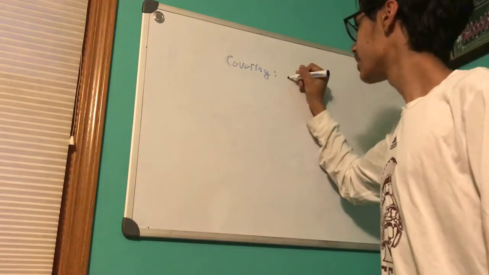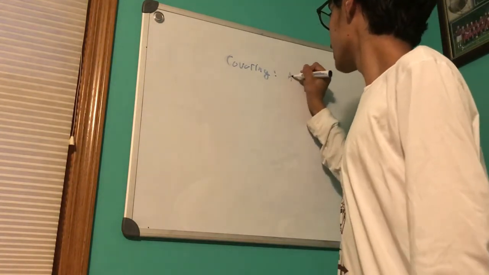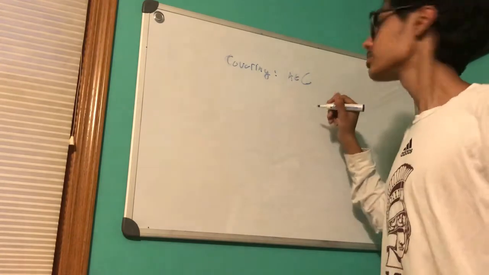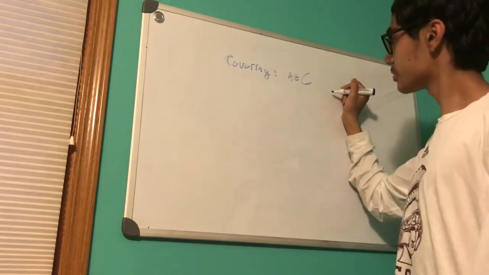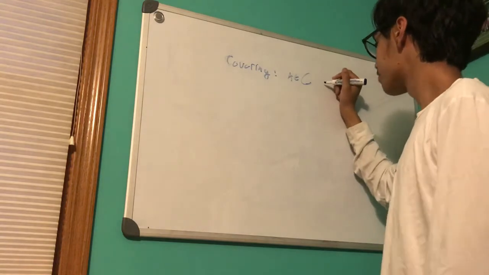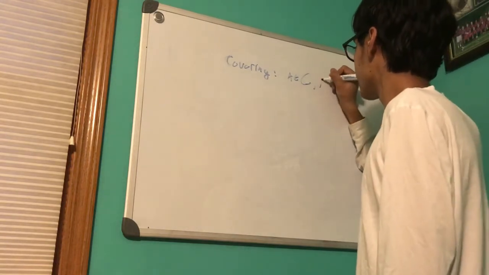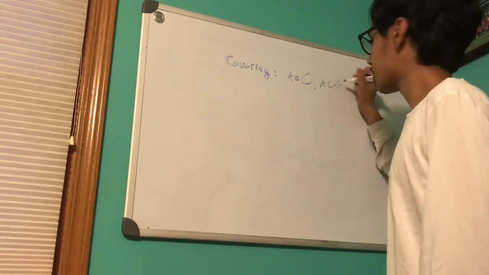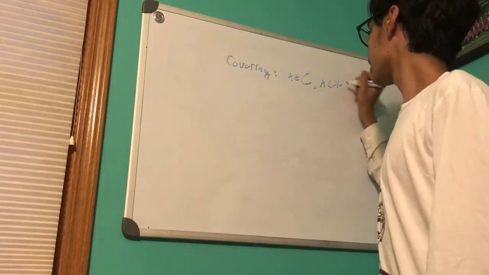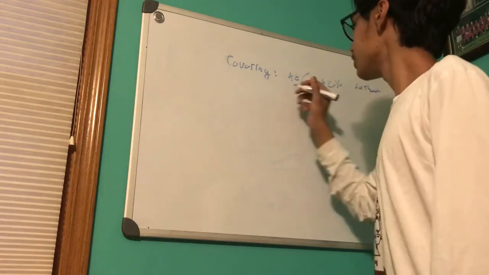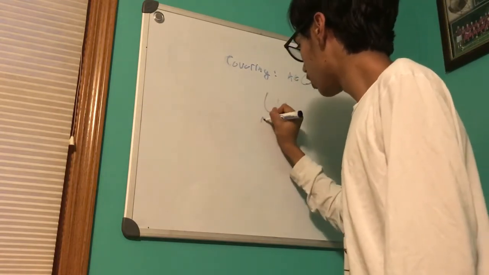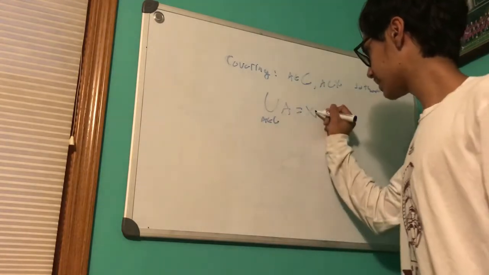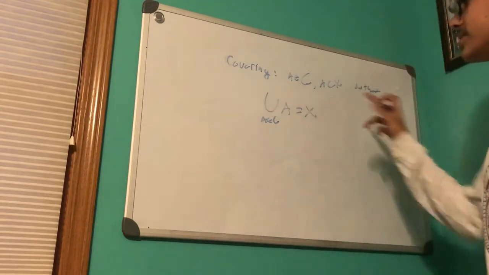We say A within C, assuming it's a proper subset of a topological space X, so that the union of all A within this C is X itself. That's a covering. An open covering would be open sets.